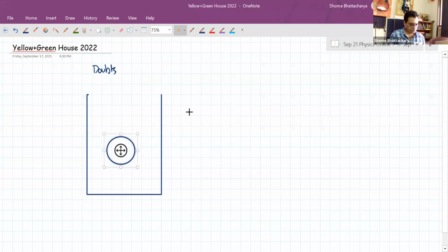So this is one of the questions. We have a situation like this. If I'm not mistaken, this is a question from the module. So this whole situation is inside a fluid.